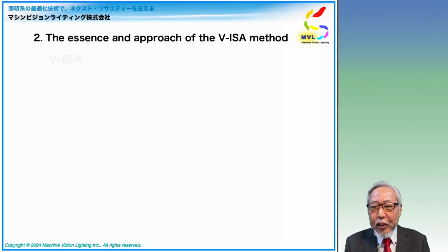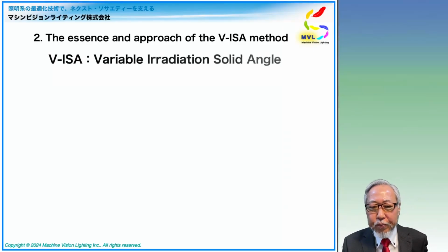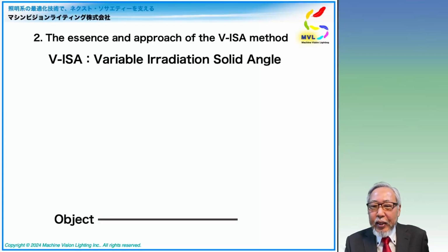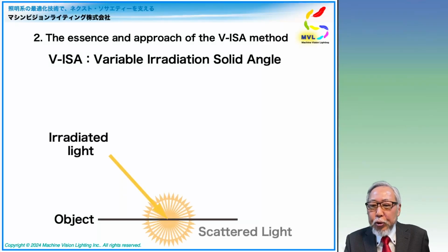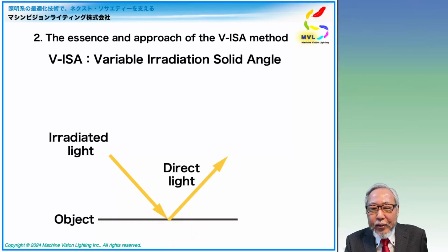As already explained, VISA stands for Variable Irradiation Solid Angle. When light is irradiated onto an object surface, scattered light is usually returned, which appears to be the same brightness from either direction. That would be fine, but in reality, direct light that seems to have been directly reflected by a mirror is also returned.